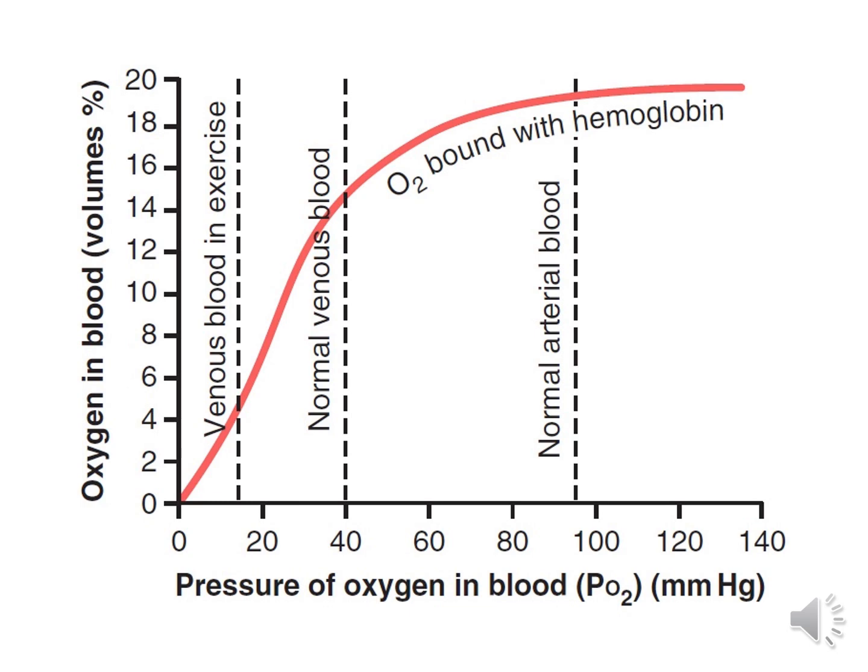And please note this important observation from this curve as well. If you look at the range from 60 millimeter mercury for the partial pressure of oxygen up to 100 millimeter of mercury, you can see that the change in the oxygen saturation of the hemoglobin is minimal.